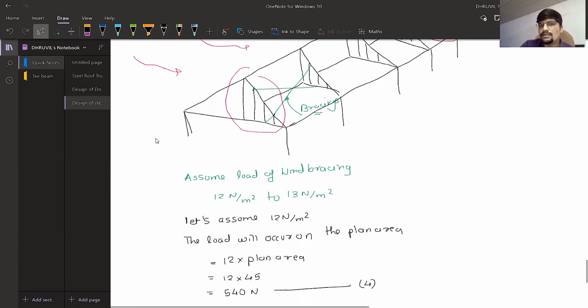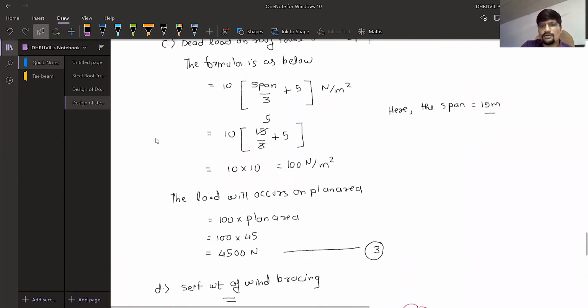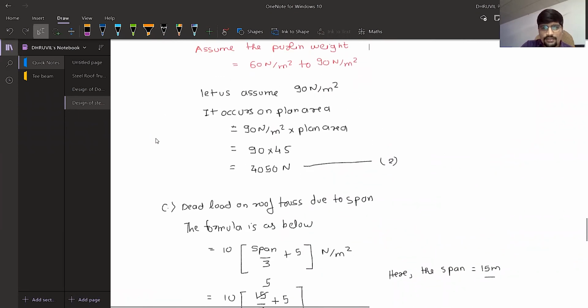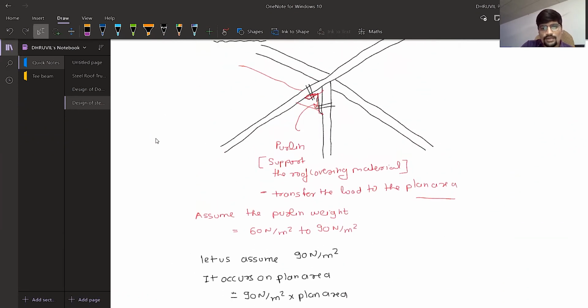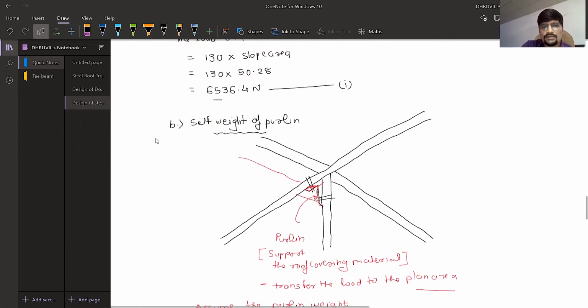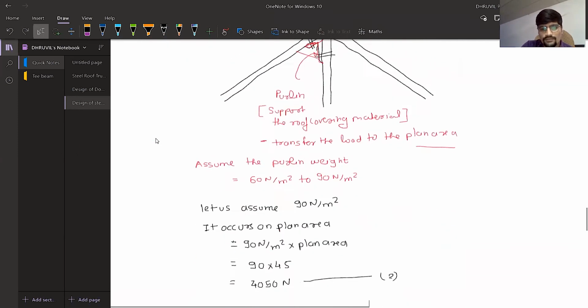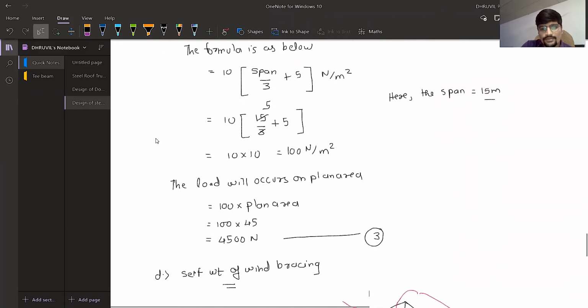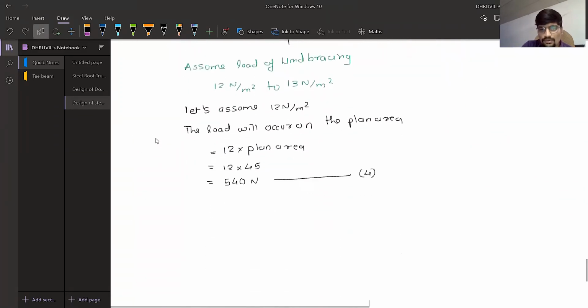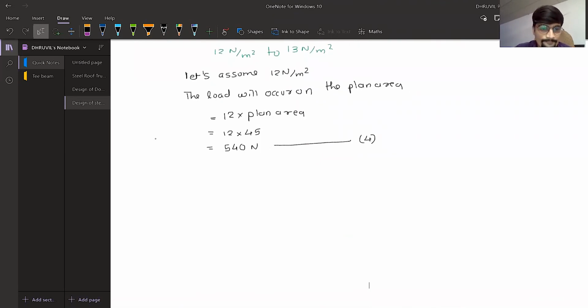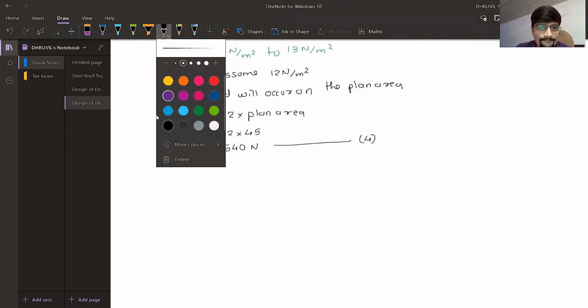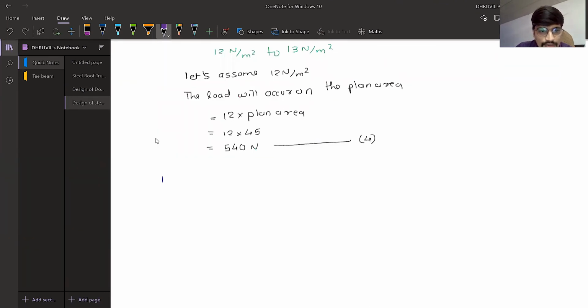So for each material being used, the dead load has been calculated. Now moving towards the total load calculation. The increase in dead load will only come if some extra material is applied on the roof truss.